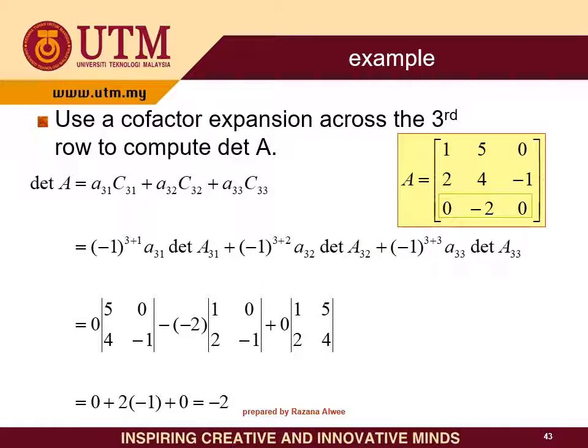This is another example, but this time they ask you to use a cofactor expansion across the third row to compute the determinant of A. So remember, this is the plus minus sign, this is plus minus plus. This is the first number, the 3 1, because the third row first column is 0, -2, 0.